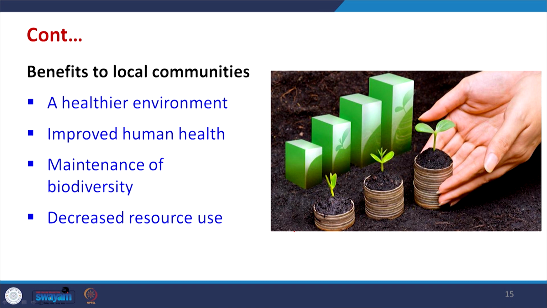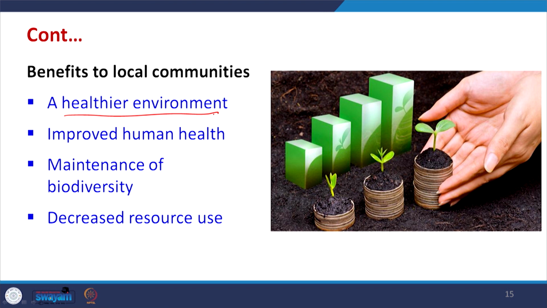Now, benefits to the local community, because for the project EIA is carried out beforehand, so certainly the environment will not be harmed. So, we are having a healthier environment, improved human health, because they can help in the plantation of trees, many other things. So, the human health can improve also based upon the project.